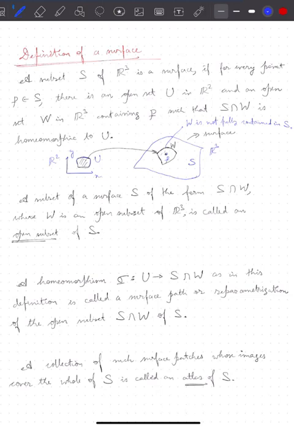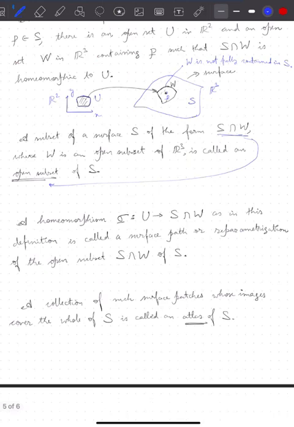And that's the reason we only look for the intersection between W and S, right? Now, a subset of surface S of the form S intersection W, where W is an open subset of R3, is called the open subset of S, nothing more.